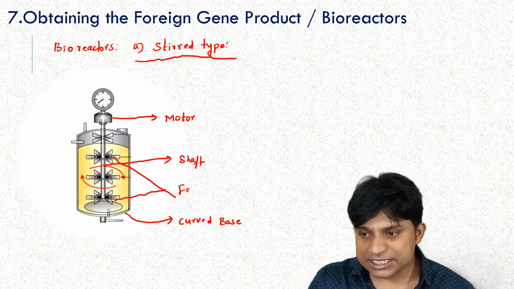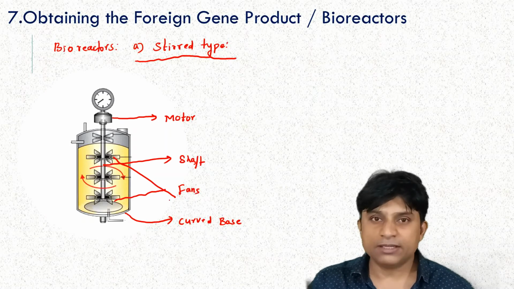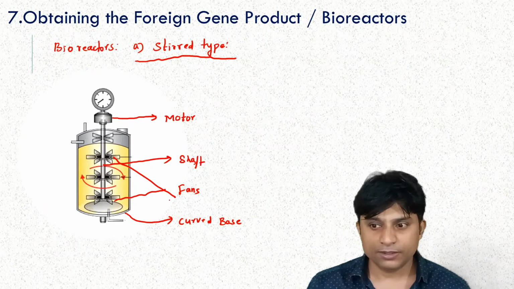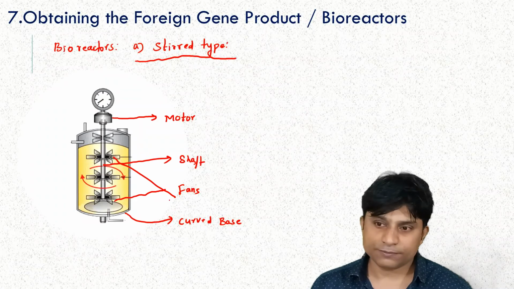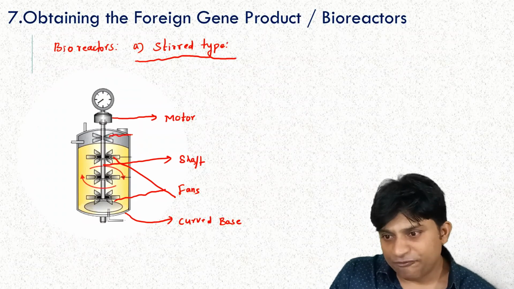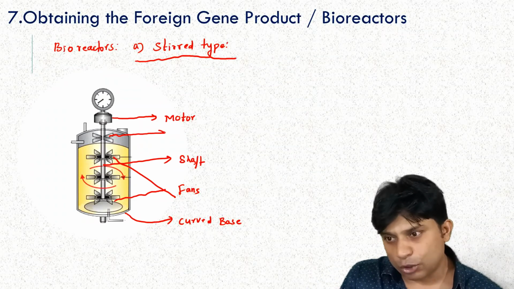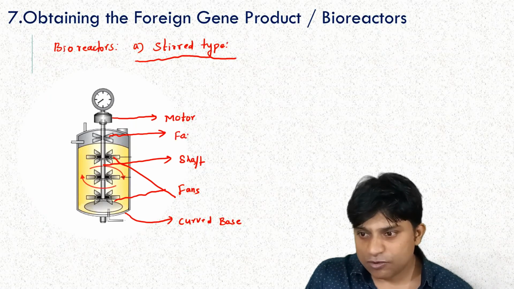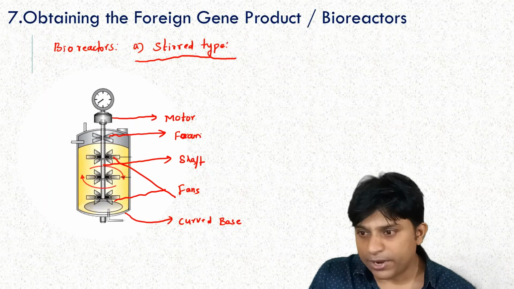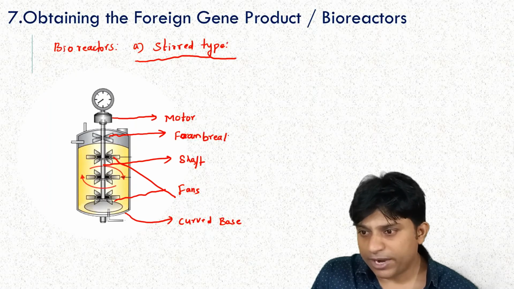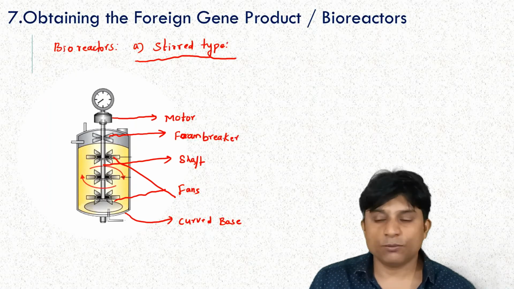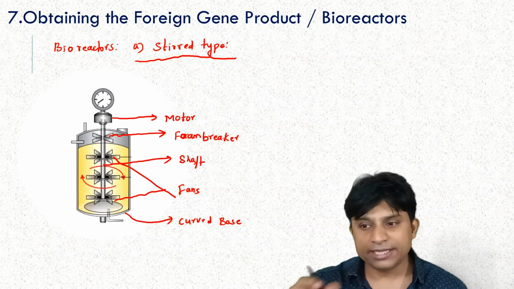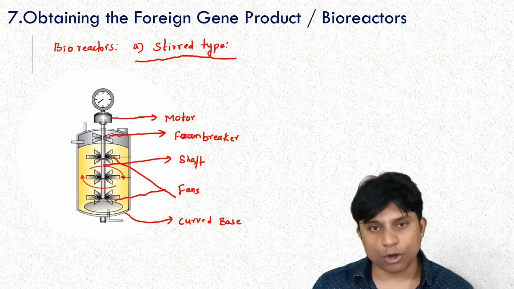When this motor is switched on, the fans will keep on moving, so they will provide uniform aeration. Whereas the fan located on the top, these blades, act as a foam breaker. That means all the foam that is formed during the process of fermentation, for breaking that foam, we use this fan present on the top.